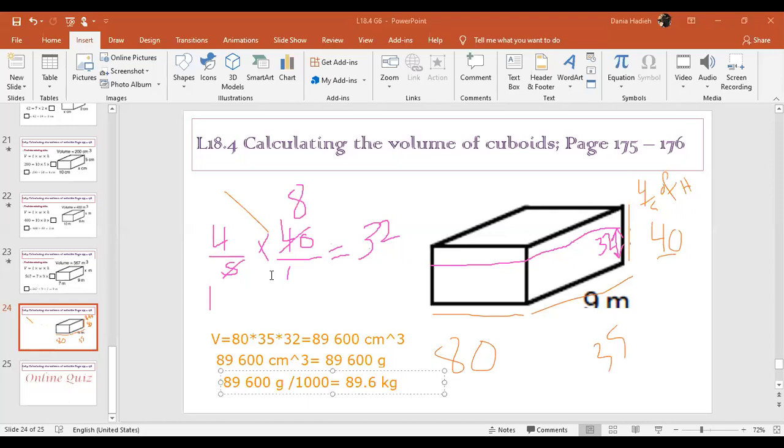But did they fill it all? No. Which means I need to figure out what's the actual height. So how will you know when they say 4/5 of something? The of, what does it represent? Times, so you're going to multiply 4/5 times 40. Once you get your answer, you can actually find the height, then you will find the volume.